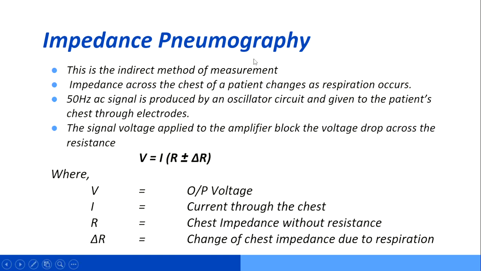The 50 Hz signal is produced by an oscillator and given to the patient's chest through electrodes, and the signal voltage is applied to the amplifier block, the voltage drop across the resistance. Here the equation is V = I(R ± ΔR), where V is the output voltage, I is the current through the chest, R is the chest impedance without respiration, and ΔR is the change of chest impedance due to respiration.